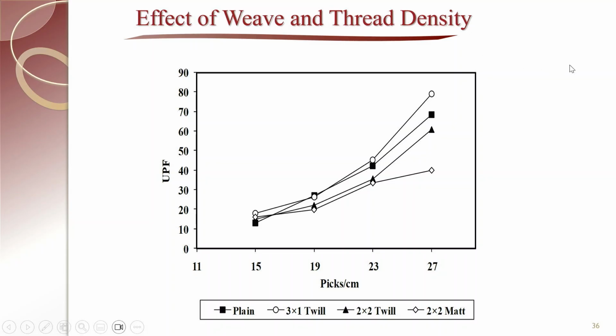Now, effect of weave and thread density. As the thread density increases, picks per centimeter increases, the fabric becomes compact, so UPF is increased.